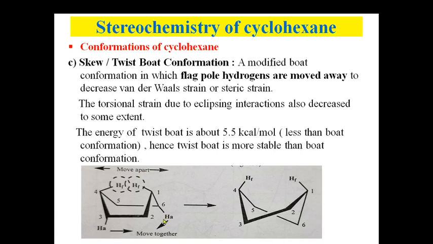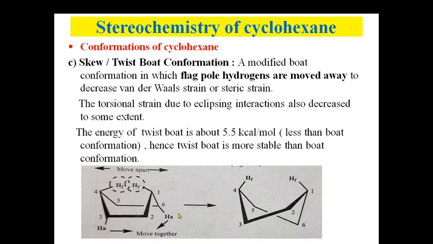Okay. So what happens here? The hydrogens present at carbon number 3 and carbon number 6 are now coming closer to each other. Just twisting is there. So 3 and 6. Therefore, the two flagpole hydrogens are going away from each other, and you get this twist boat conformation. So it's a modified version of the boat conformation, in which flagpole hydrogens are moved away to decrease the van der Waals strain or steric strain.